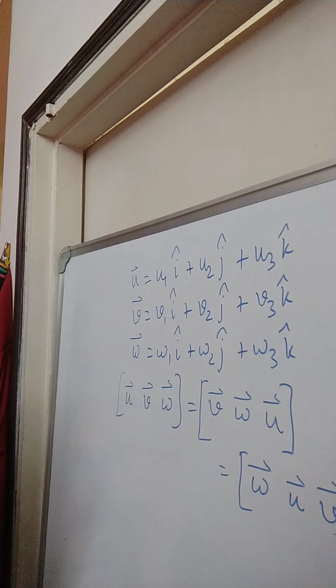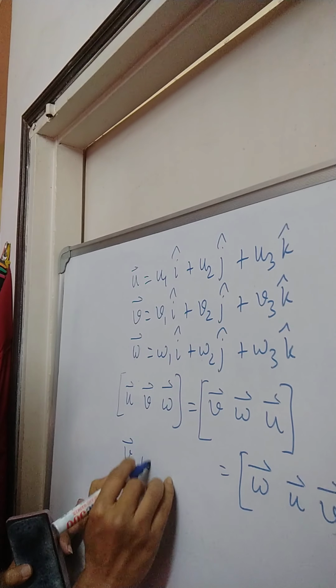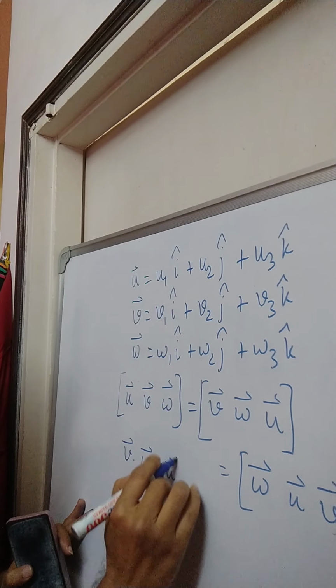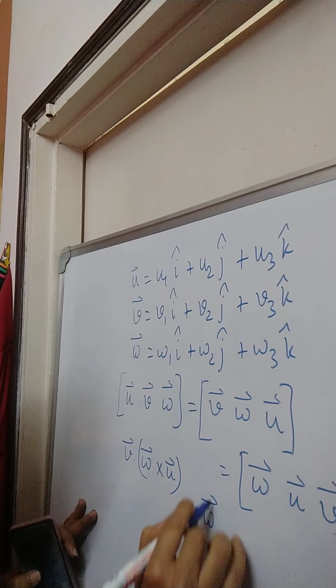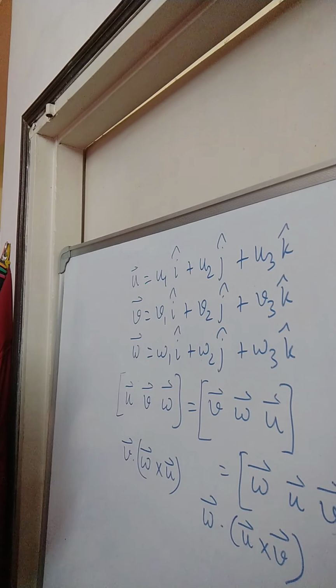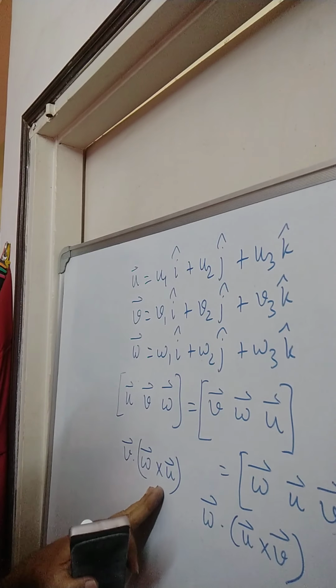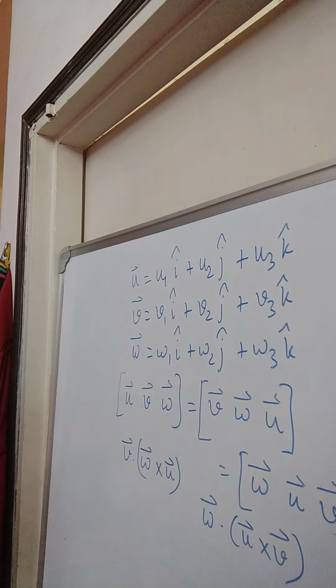Because if we calculate by definition, what is this? This is V dot W cross U, and what is this? W dot U cross V. The parenthesis is not required, as I have said in my earlier slide. It is assumed you have to calculate the cross product first and then the dot product.